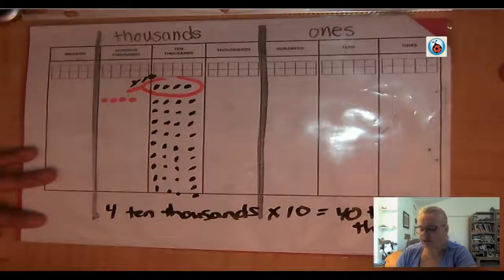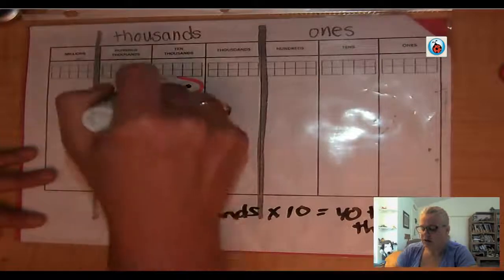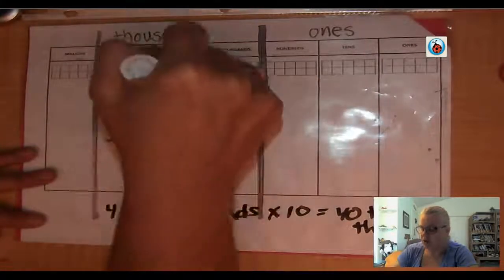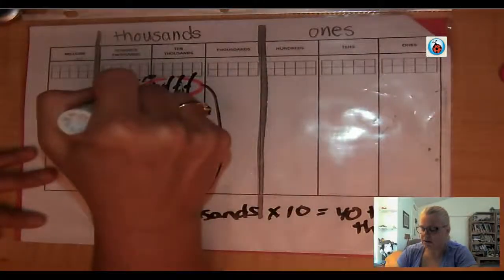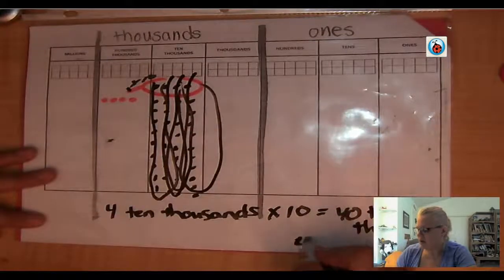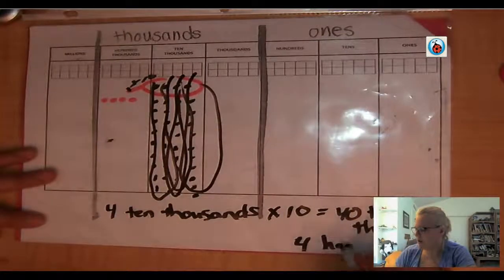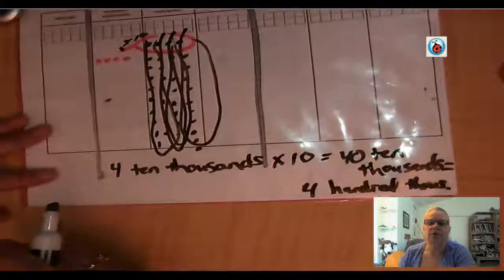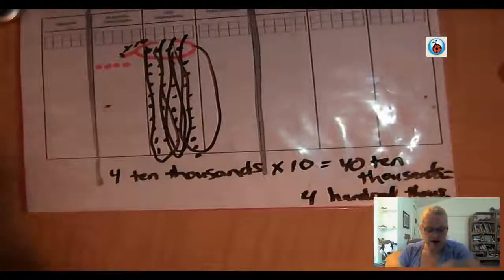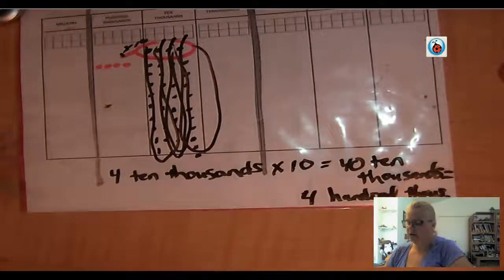And that equals, we keep going, so we move all of these over to here, and we get 400 thousands. Okay, 400 thousands.